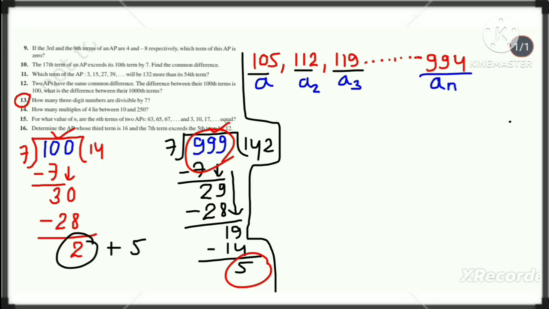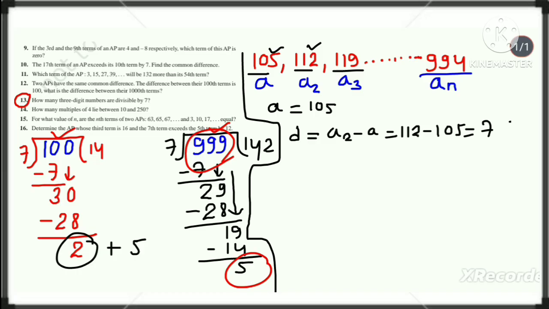Here A equals 105, and D, that is common difference, will be A2 minus A. A2 equals 112 minus A equals 105, and after subtracting we obtain D, the common difference, which is 7.